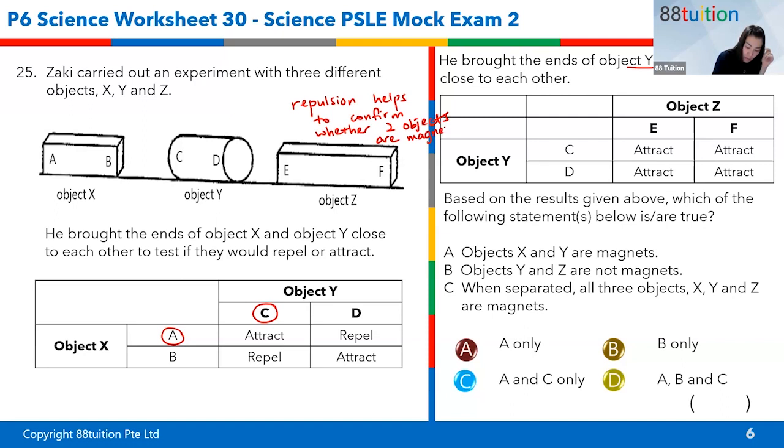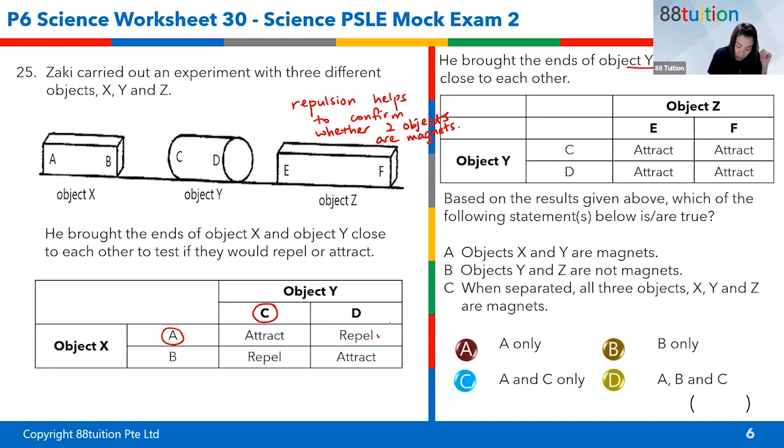If they are both magnets, you turn the ends, 2 ends will definitely repel. Clear? There will definitely be 2 ends where they face each other, they will repel. So only repulsion can help to confirm whether 2 objects are magnets. So if there's attraction, we don't have to bother.